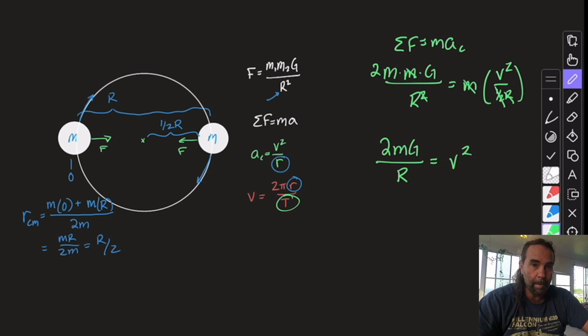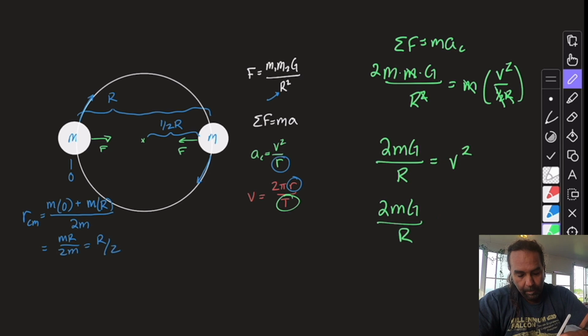Just doing the problem. Let's see, I want T, so I can put that in there. So 2mG over r equals 2 pi, this r is 1/2 r, don't want to forget that, over T, but all of this is squared.